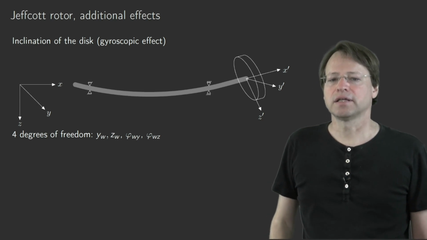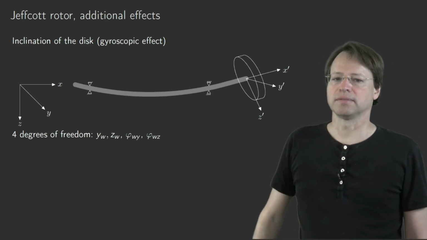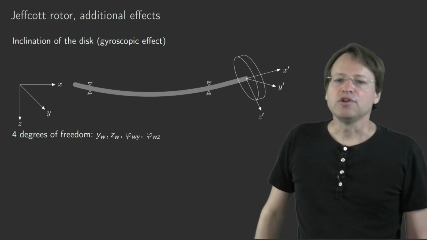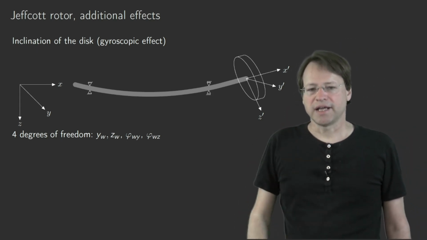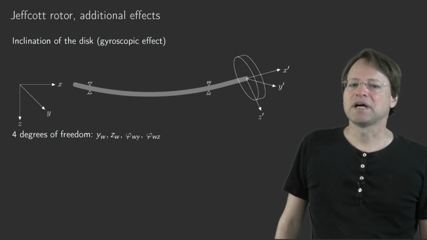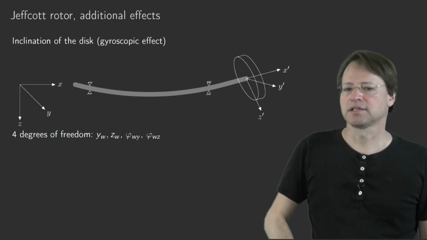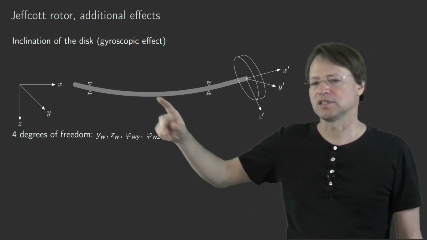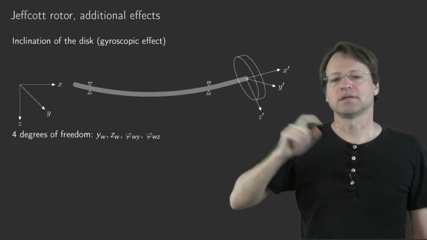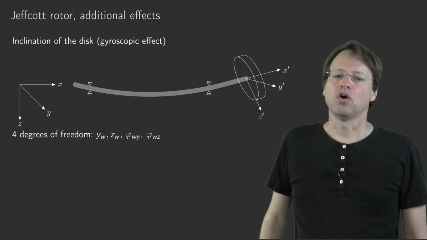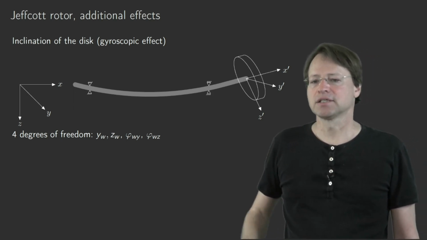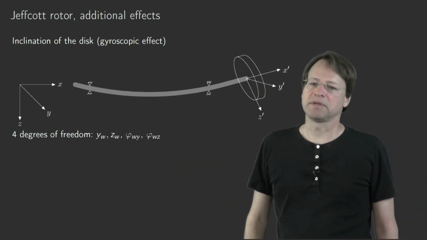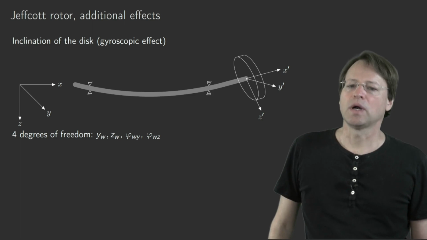And you can see that there is another coordinate system, x prime, y prime, z prime. This coordinate system refers to the principal axis for the mass moment of inertia of that disc. And now you can see that the disc is slanted, that is, it's inclined. The coordinate system x prime, y prime, z prime of these principal axis is rotated with respect to our space-fixed coordinate system x, y, z.